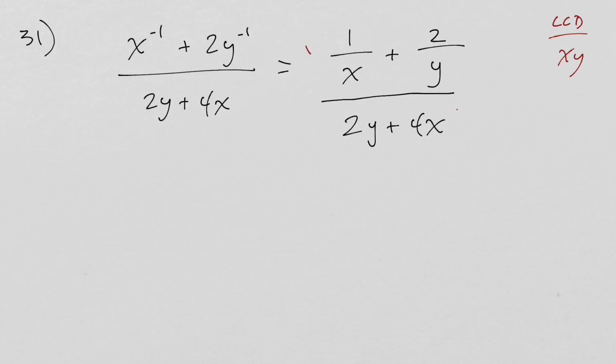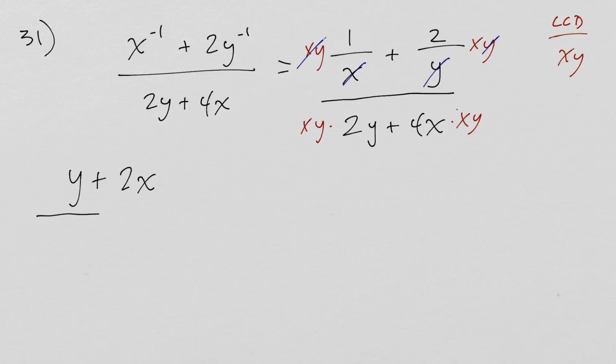So I have to multiply every one of these terms by xy. And in the top, the x's cancel, and then those y's cancel. So I'm left with y plus 2x in the numerator.